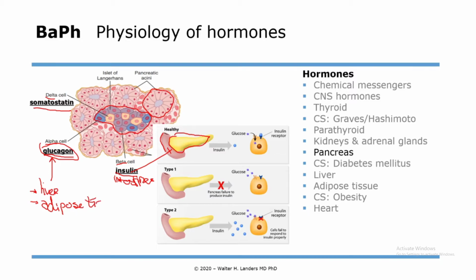And Dr. Polo made me mention that you have to know that it's not just lipids in your blood, but actual fatty tissue. And thirdly, it's muscle. What glucagon does is that it causes release of glucose from these organs.